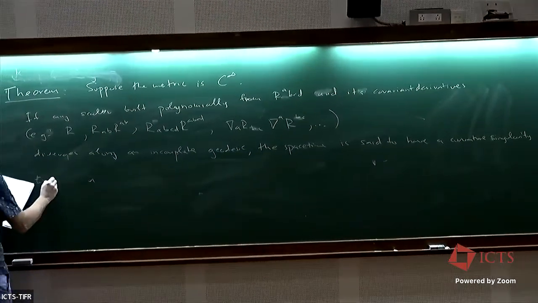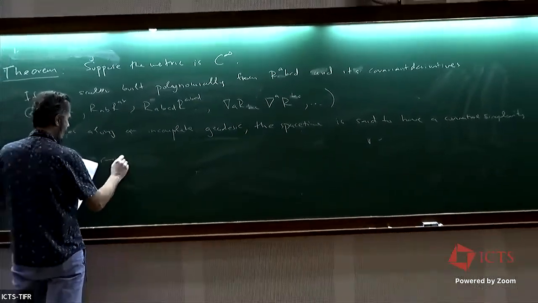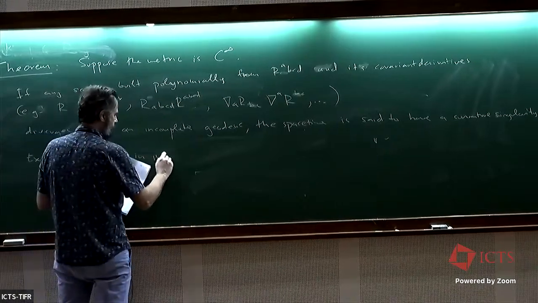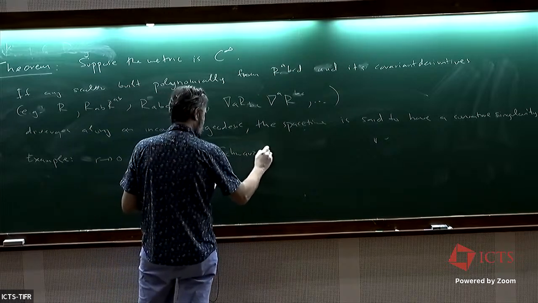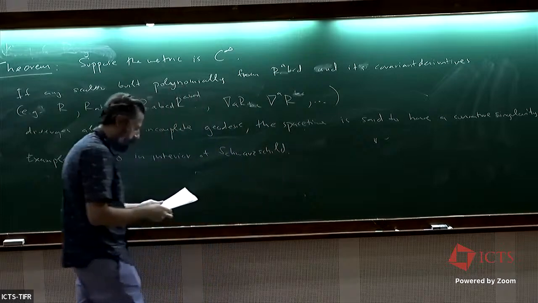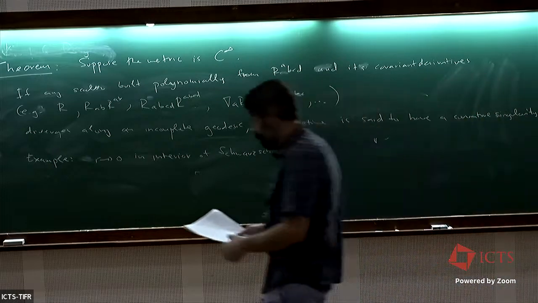An example here is, of course, Schwarzschild itself. Okay, so this theorem links singularities with divergence of curvature invariants, and it tells you that you can actually calculate curvature invariants, and if you see them diverging, then you can infer that the spacetime is singular, but the converse is not true, right?